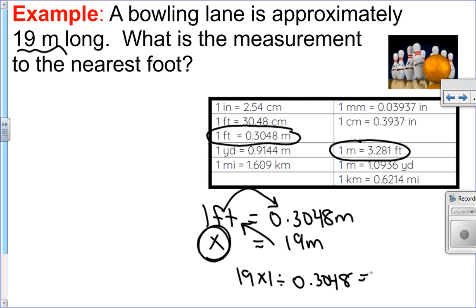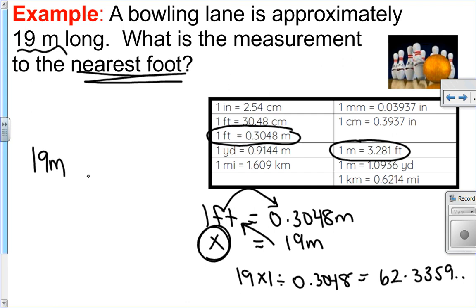When I put that into my calculator, I'm going to end up with 62.3359, etc. But they said they want it to the nearest foot, so I'll round that to 62. So what that means is that 19 meters is approximately 62 feet.